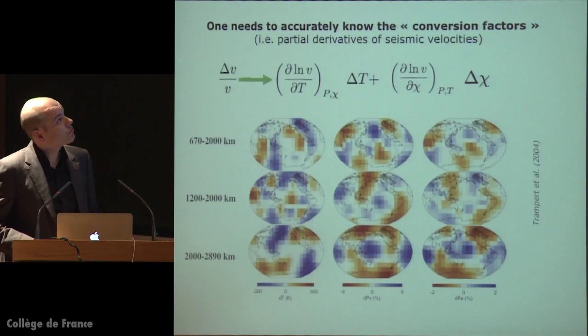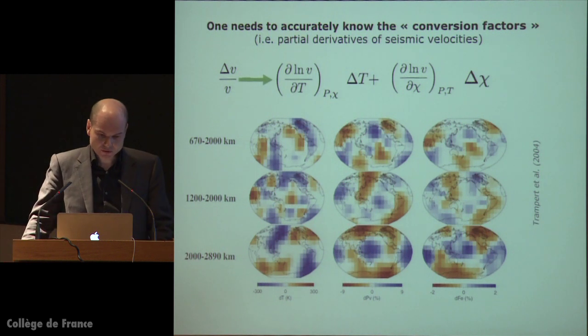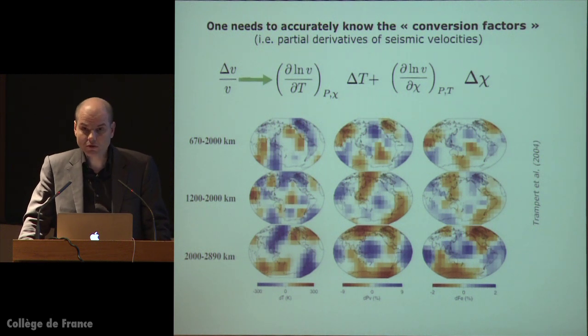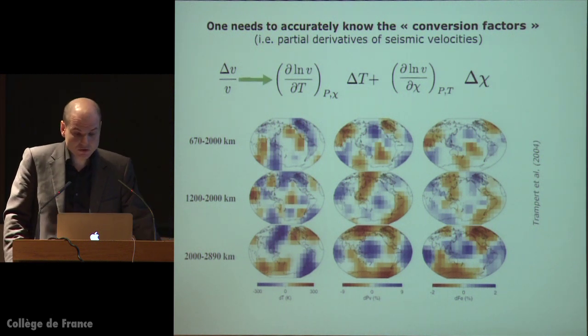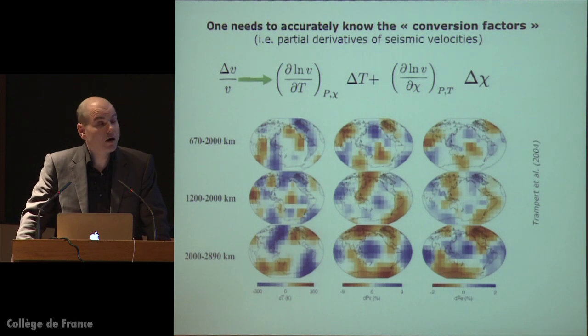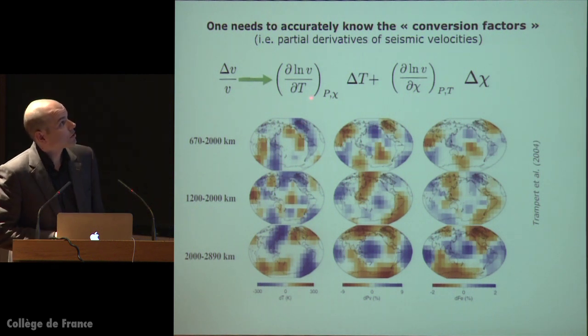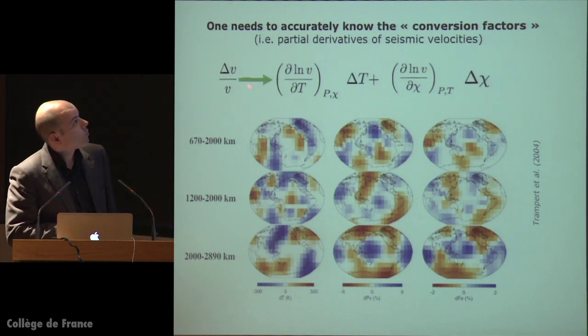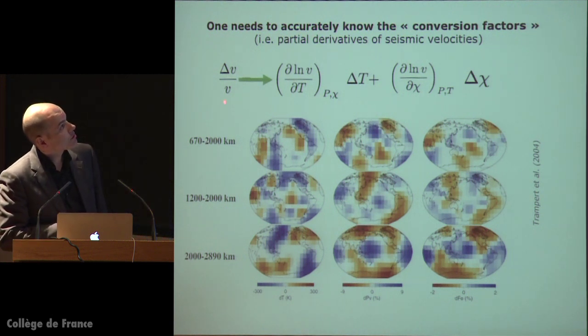In order to do the interpretation, one needs to know quite precisely what I call here the conversion factors from seismology to mineralogy. And what the conversion factors are, basically those are the partial derivatives of the seismic velocities. So one way is from the observation, you go this way here.